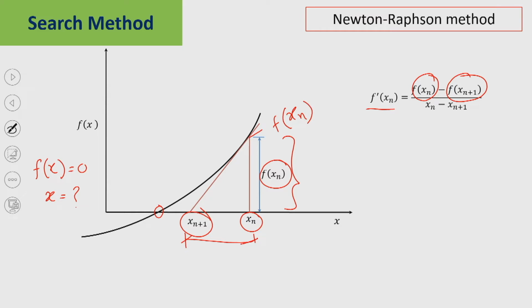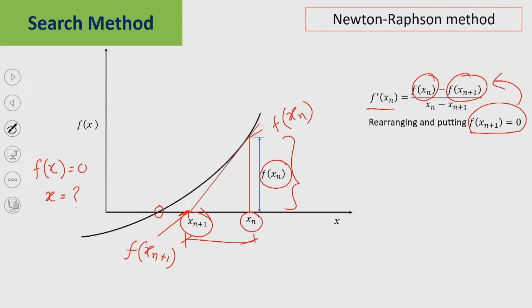Now f of x n plus 1 is equal to 0, so if I put f of x n plus 1 equal to 0 in this equation and rearrange the terms, I get x of n plus 1 equal to x n minus f of x n divided by the first derivative at x n. Using this equation I can approximate x n plus 1.